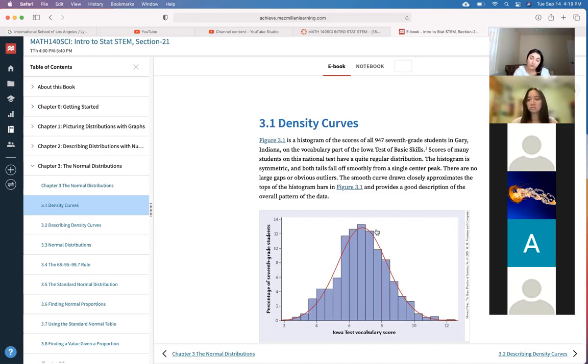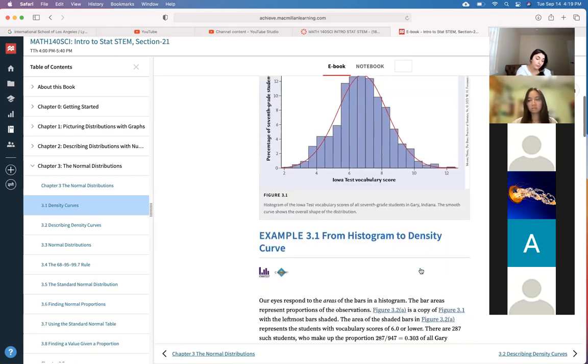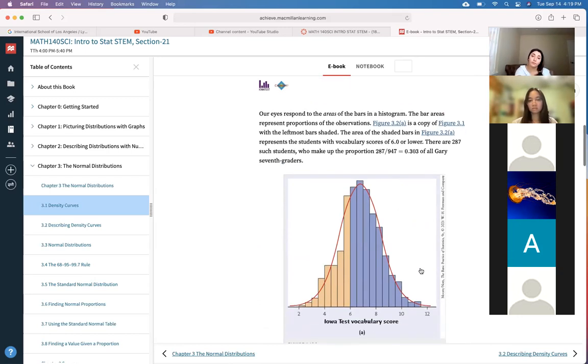The red curve is this idealized density curve. It's this graph that we draw that we feel is the underlying reality behind the situation, because the histogram is never going to be exactly perfect in terms of what the reality should be, because it's an experiment, and experiments are never perfect.